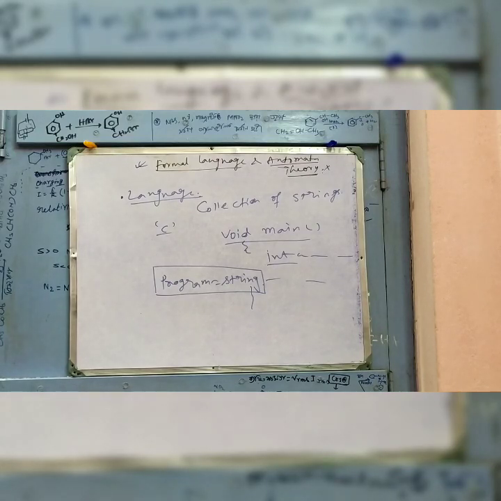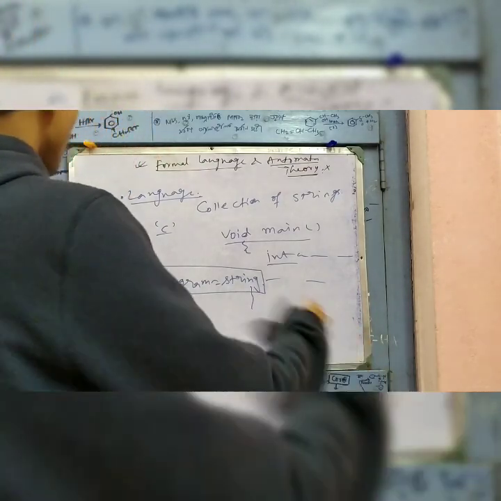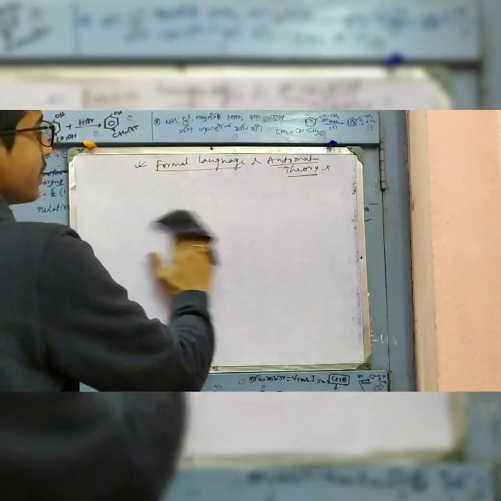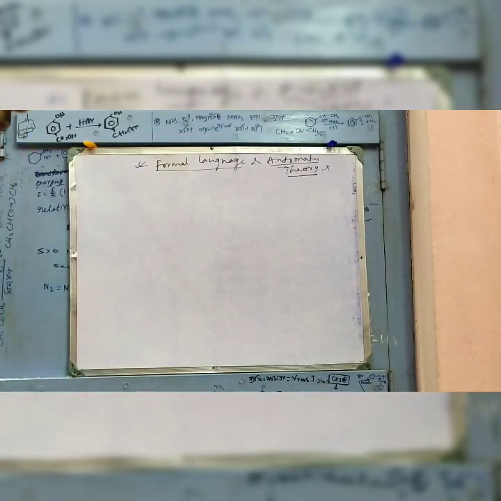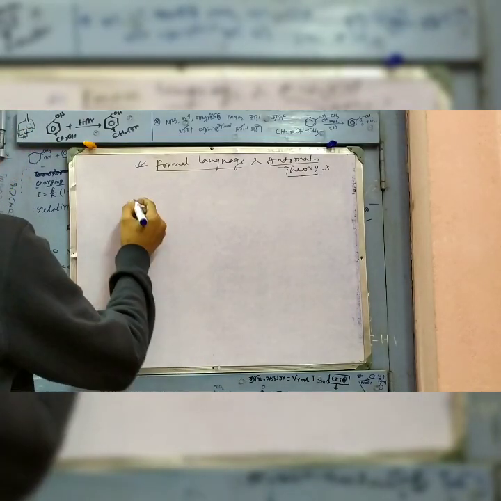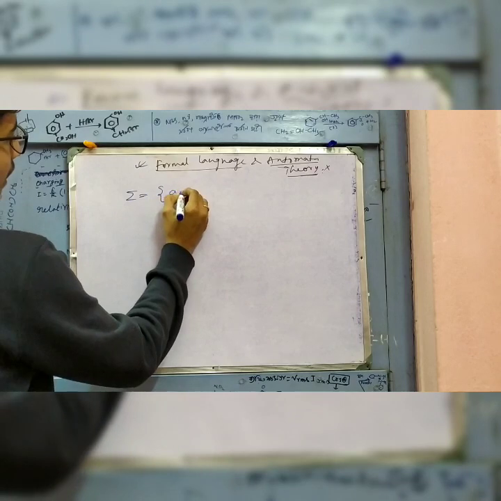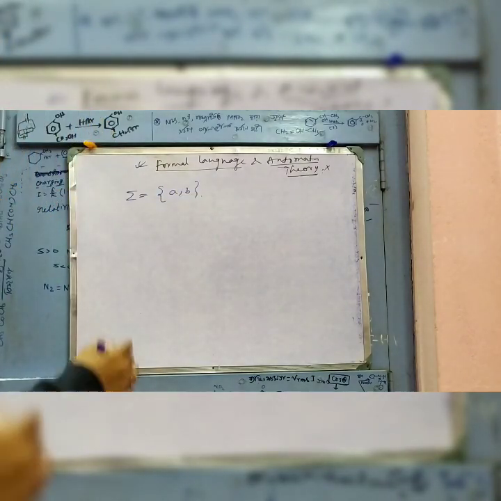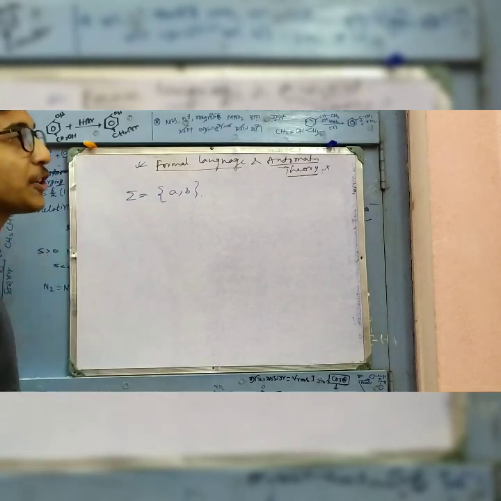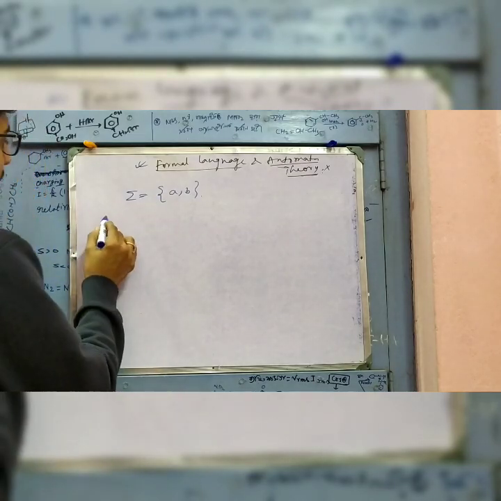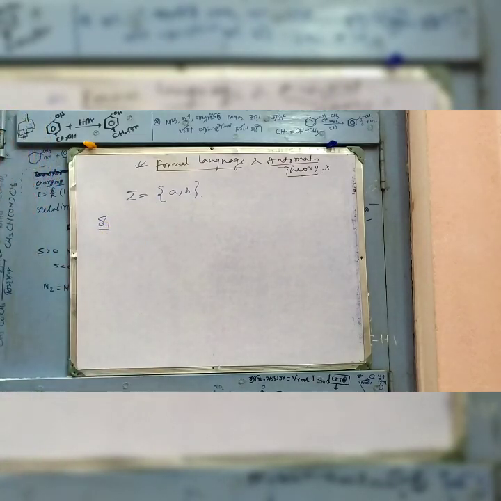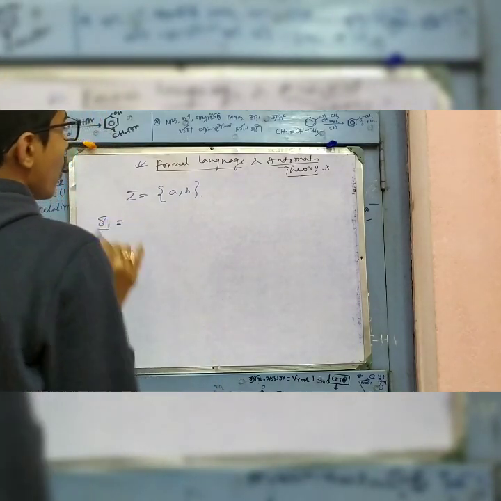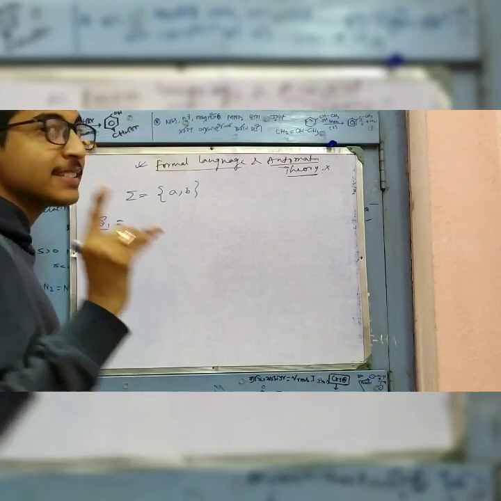Now we have to go deeper. Let's take some examples. Suppose our alphabet is a, b, and we have to make a string S1 whose first element is a.